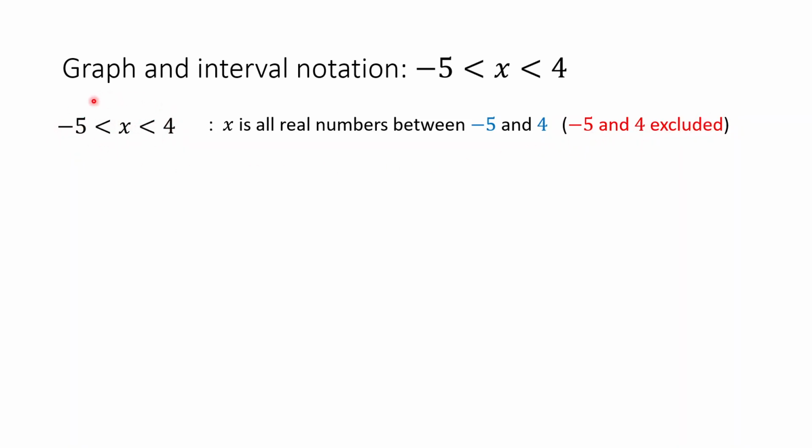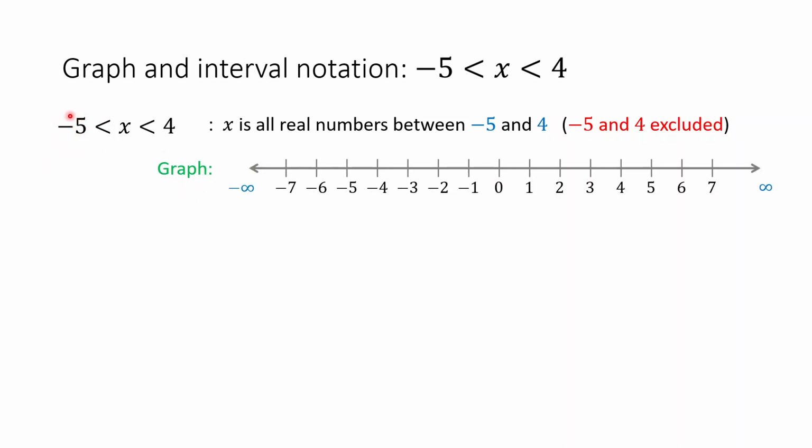Let us draw the graph of this inequality. First take this number, put an open circle, then this number, put an open circle. This x is all these numbers between -5 and 4. So you need to draw a line from here to here. This is the graph of this inequality.